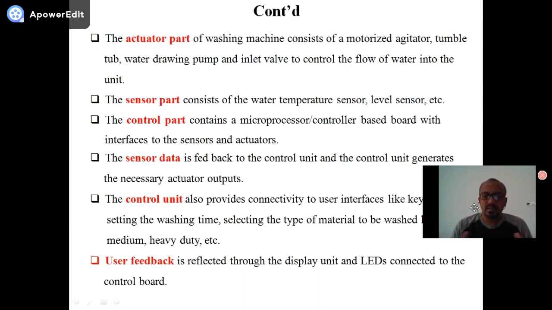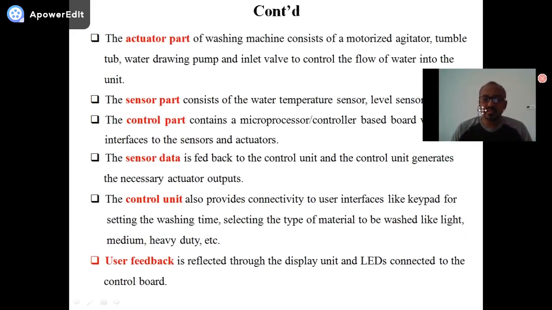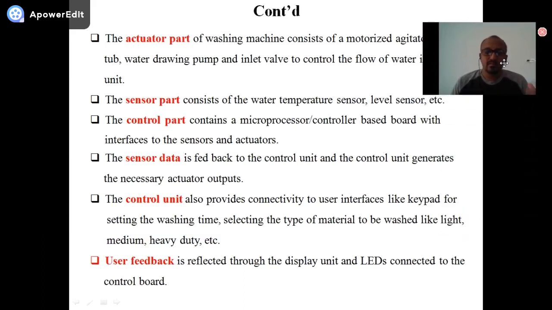The control part is, as usual, a processor or controller based board which interfaces the sensors and actuators and sends the control signals for function implementation.